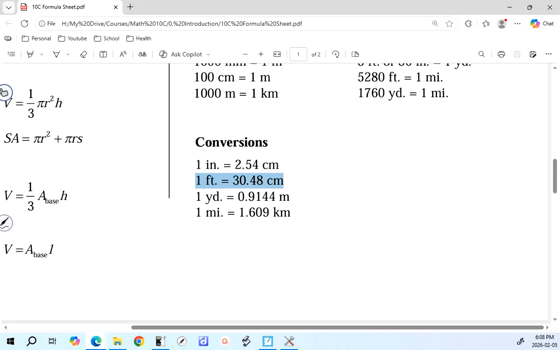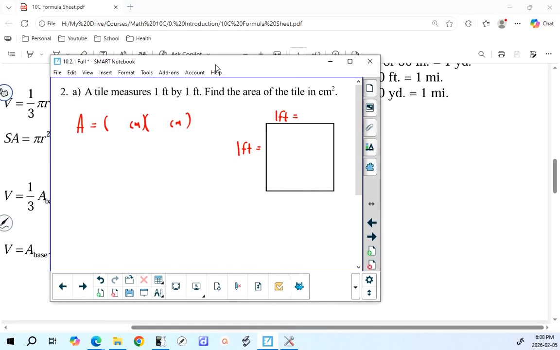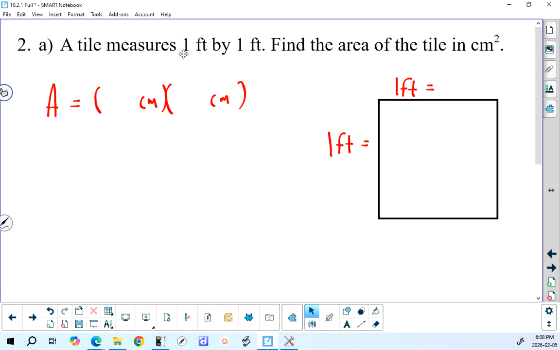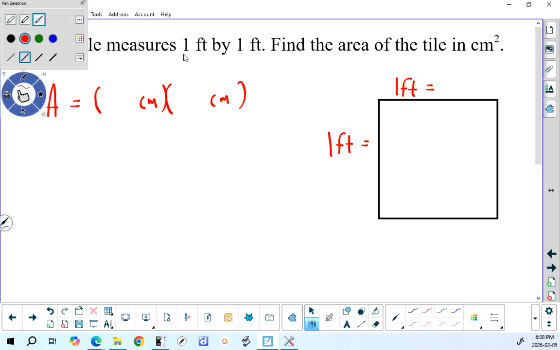In other words, everybody, we do not even need to use a ratio or anything. You're told 30.48 centimeters is a foot. So I can just write 30.48 centimeters.